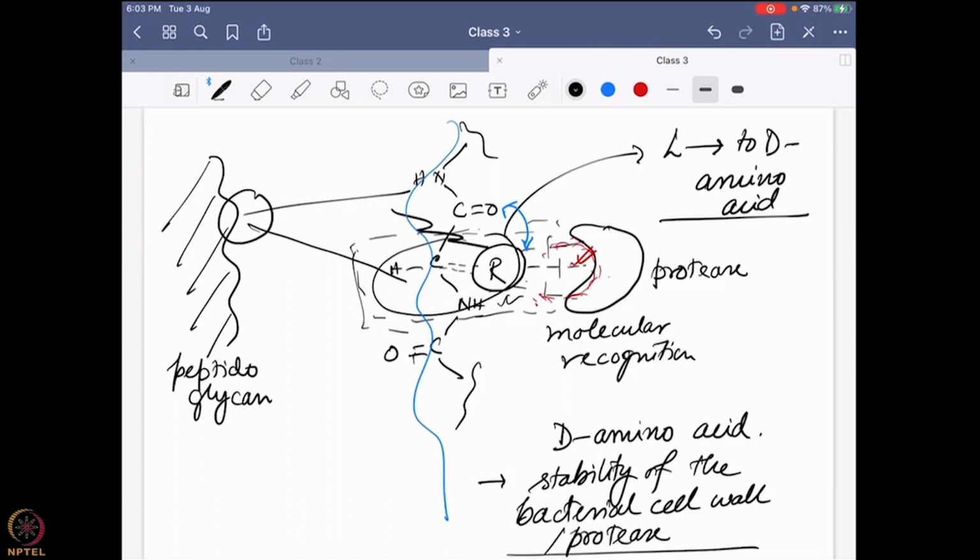So that is how a D amino acid, L amino acid mixture is actually very important. And it is found that when the bacteria are trying to do that, they generally try to put in only those amino acids which are part of this molecular recognition program. So it can disrupt the molecular recognition pattern and get undetected.